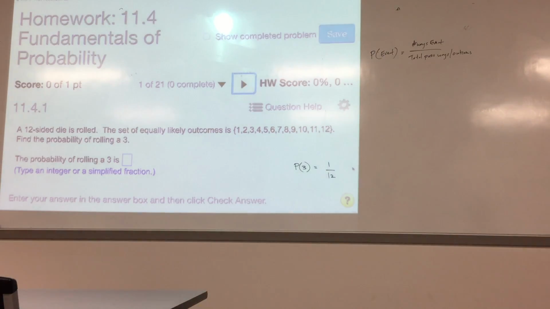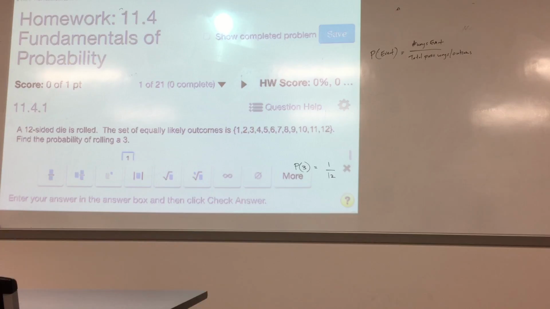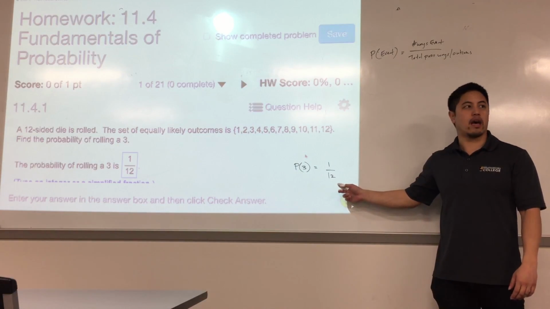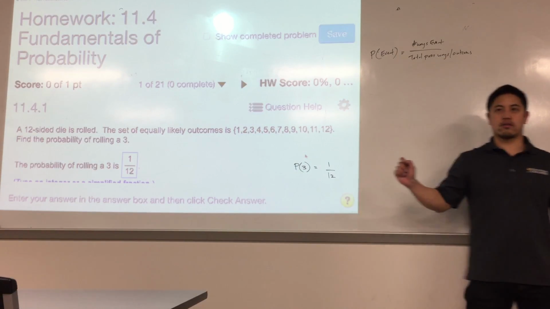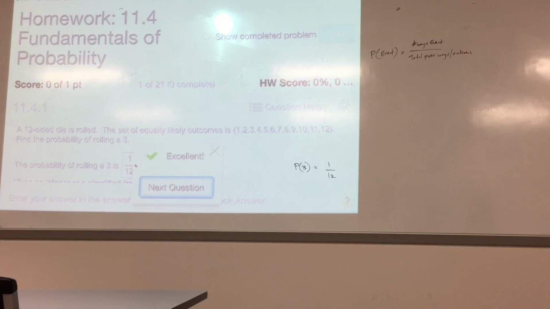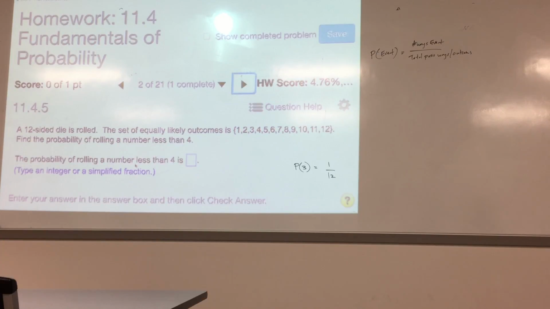Does that make sense, everybody? Okay. Now, pay close attention that you need to type an integer or simplified fraction, meaning that if that was, say, 2 out of 12, you would need to simplify that. Does that make sense, guys? Okay, pretty basic. I know I'm spending a lot of time just on this first question, but I want to just drive that point home. Okay, all right, let's keep going.